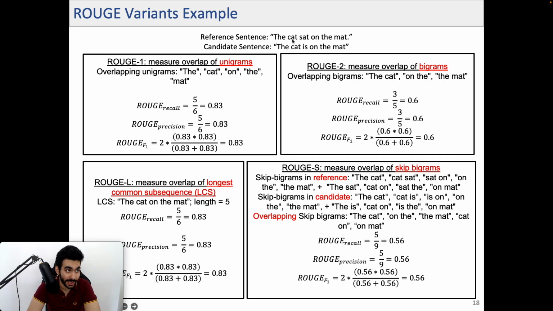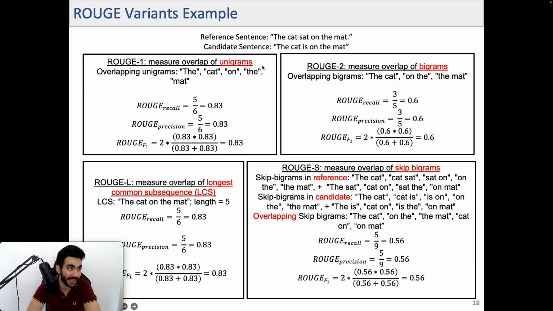I skip here "cat," and it is going to be "the sat." And then the next one is going to be "cat on." The next one is going to be "sat the," and then "on mat."